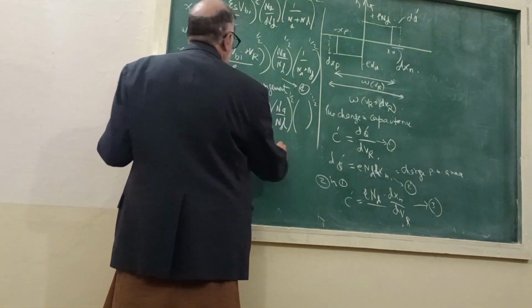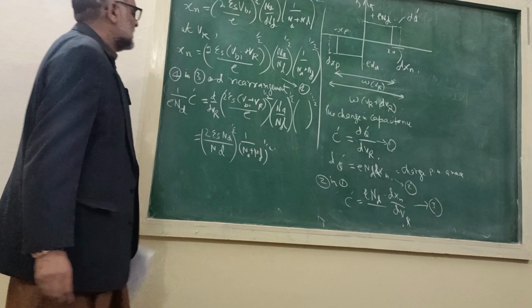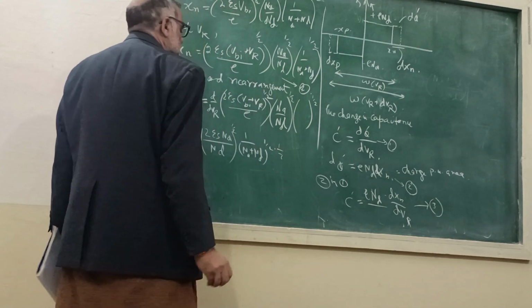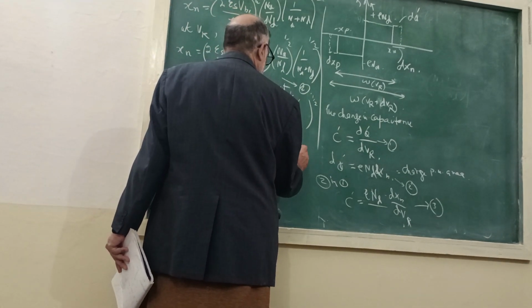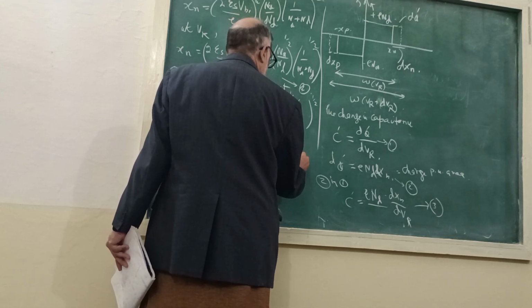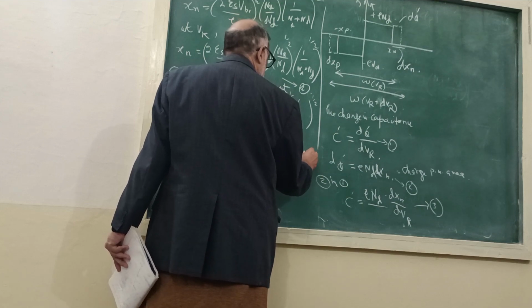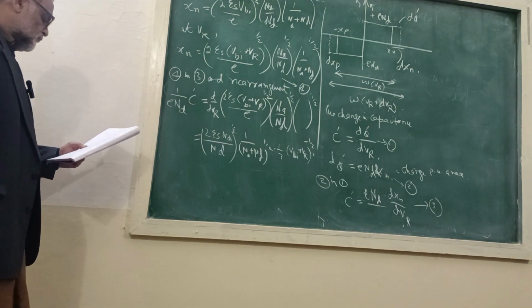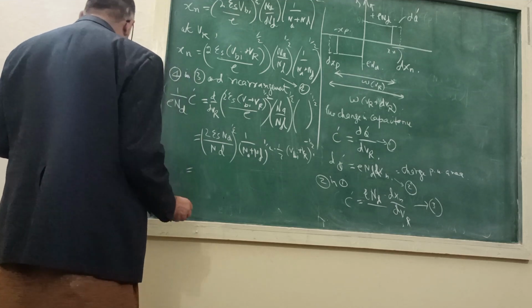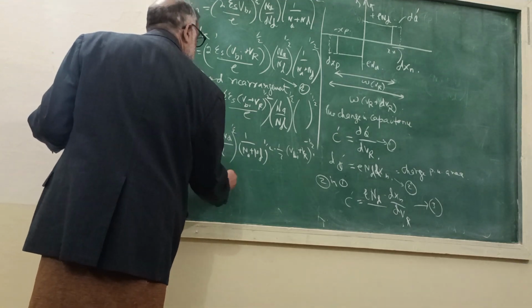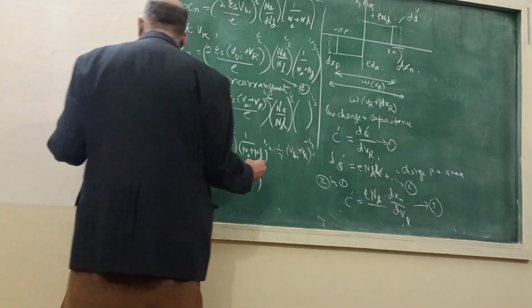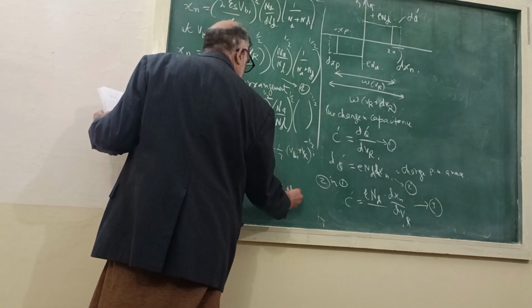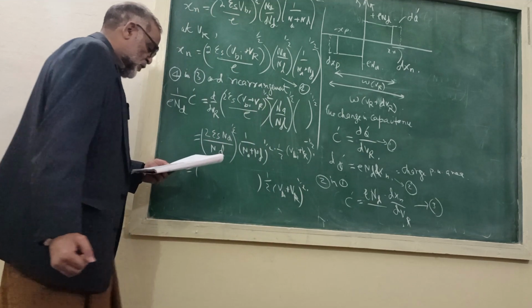Differentiating with respect to dV_R, I get 1 over 2, V_BI plus V_R to the power minus 1 over 2.